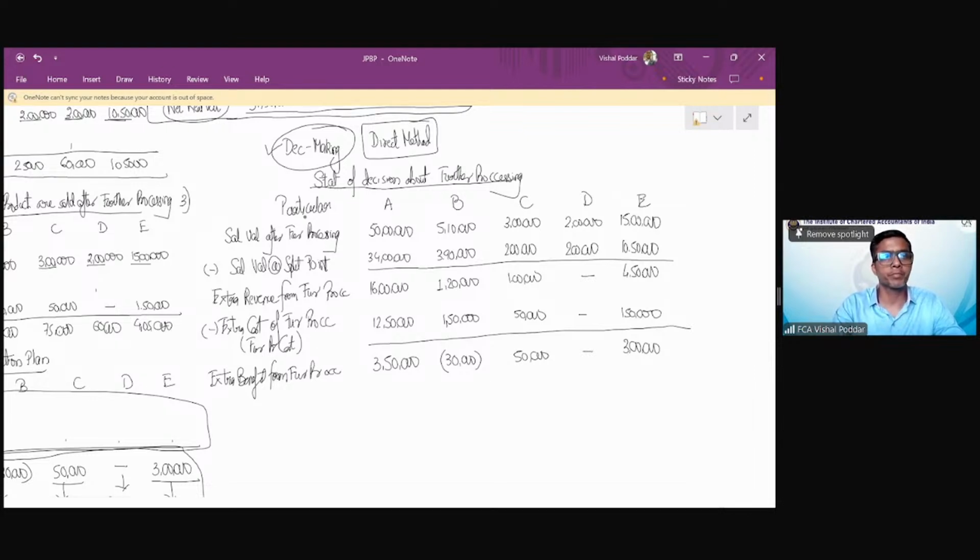Same difference, same decision. You will further process this, further process this, further process this. These two split off.